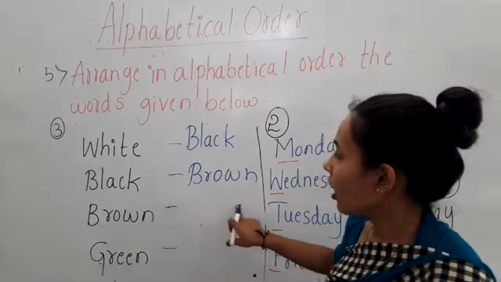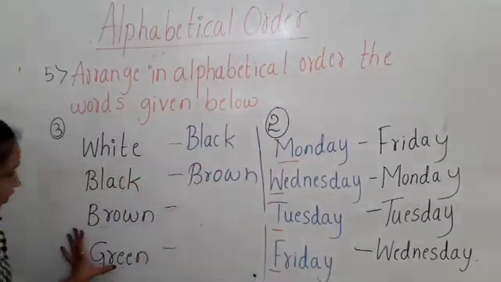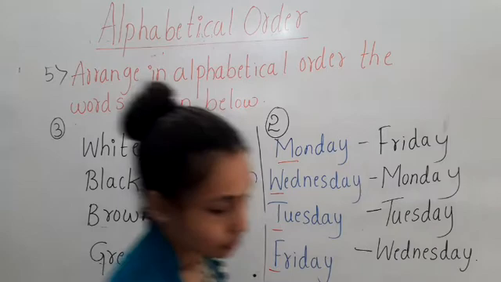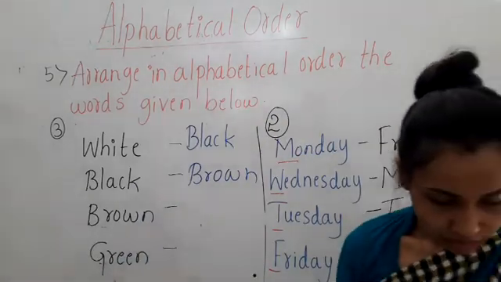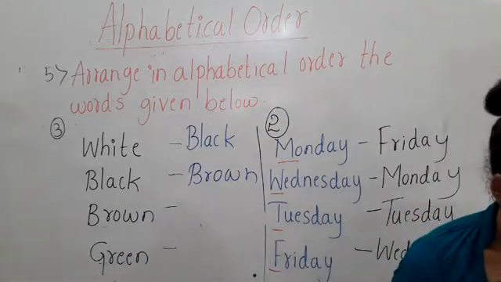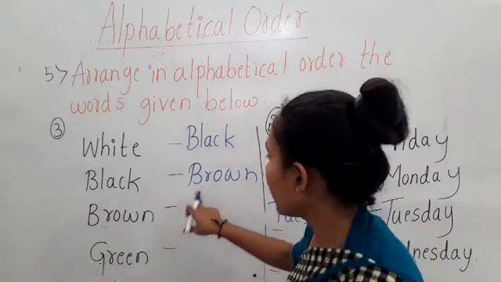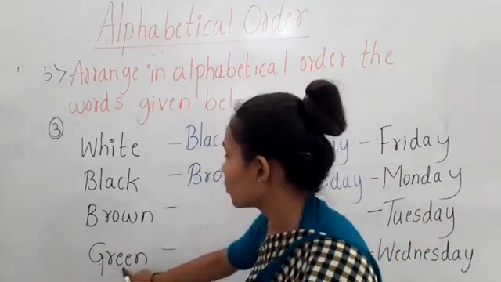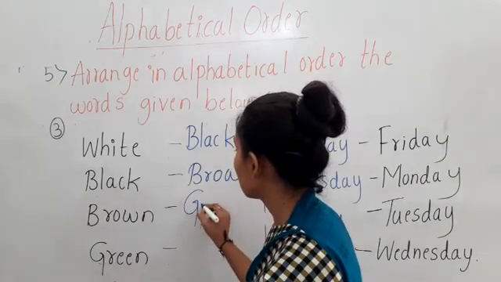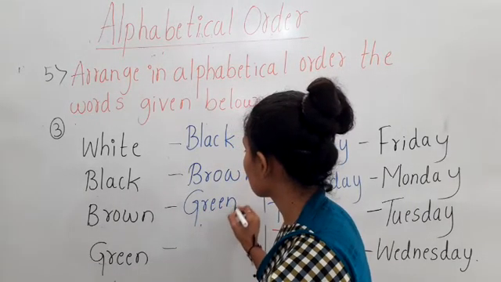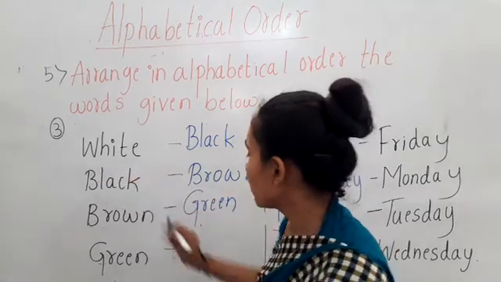So we have to write here green. Okay children, here we have to take green. After green what we have to write? White.